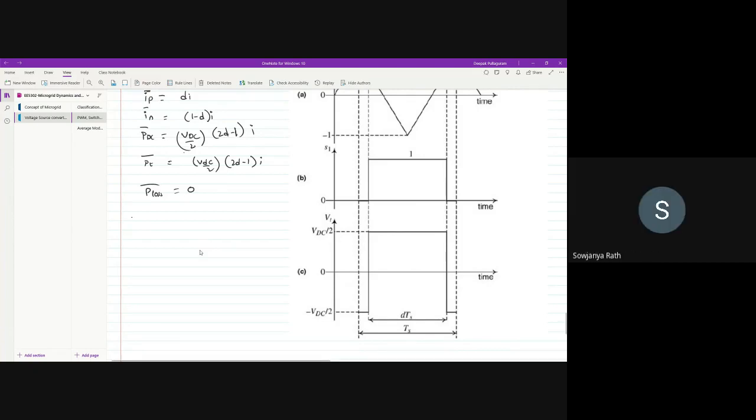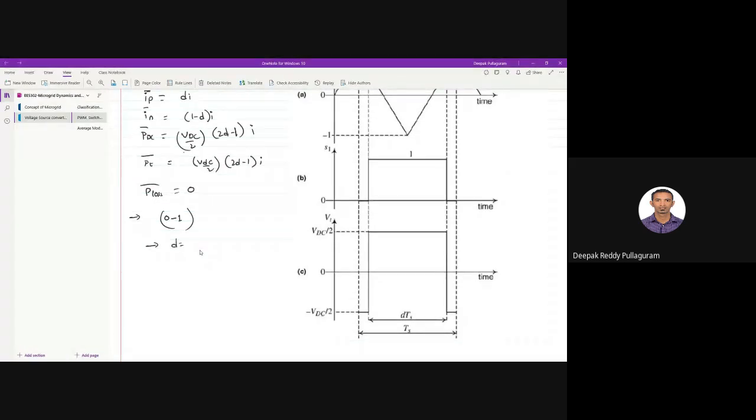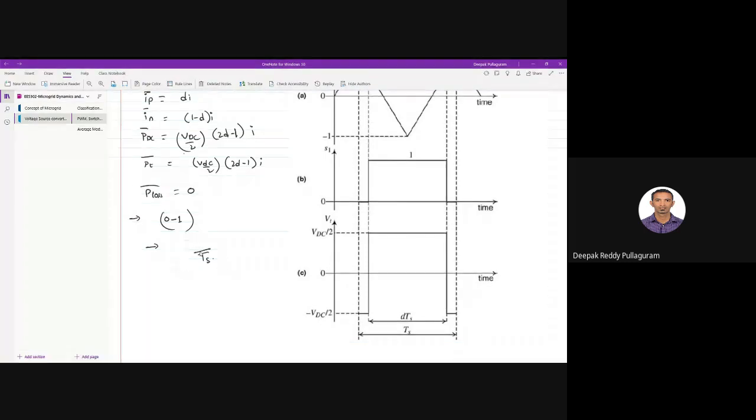Yes, sir. Now the duty ratio D generally holds any value between 0 to 1. On time and off time, how do you take it? What is D? How do you define D? T1 by total time, yes. So it varies from 0 to 1, on time 0 or on time totally TS.